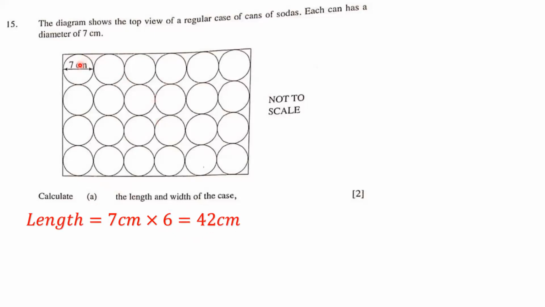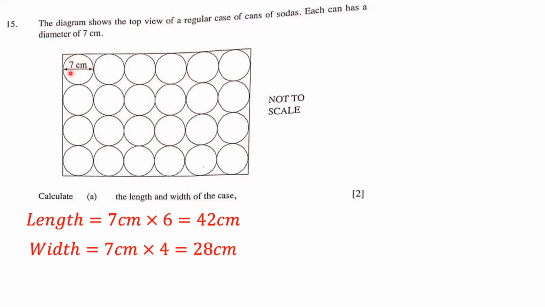Why? Because if we look carefully, this is 1 can, 2, 3, 4, 5, 6. So if we go all the way across, that's 6 cans. And so the length is 7 times 6. Now the width is going to be 7 times 4. Why 4? Because this is 1, 2, 3, 4.